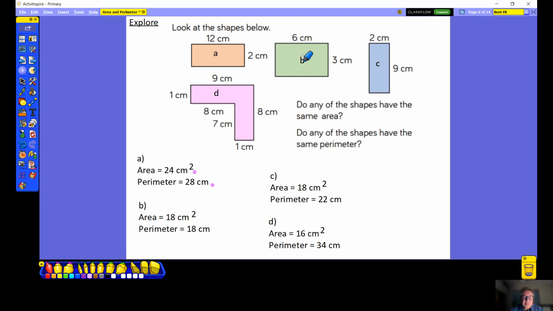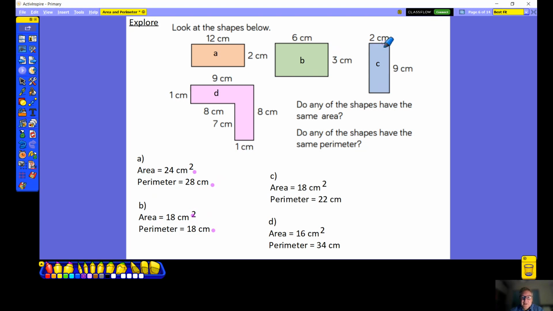What about the area this time? Yep, 6 threes, 18. Notice the square here, the indice to the power of 2. Perimeter, 6 plus 6 plus 3 plus 3, 18. 6 plus 3, 9 times by 2 gets the same answer, 18. 2 nines, 18.